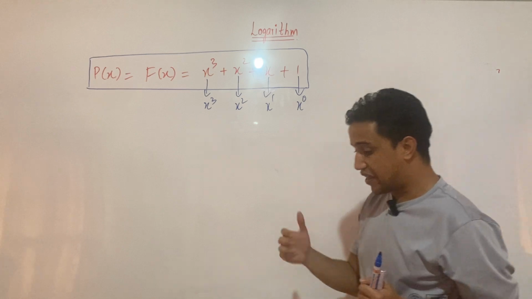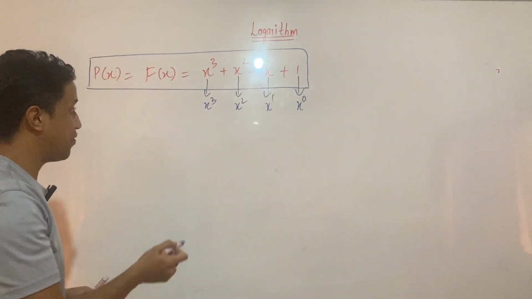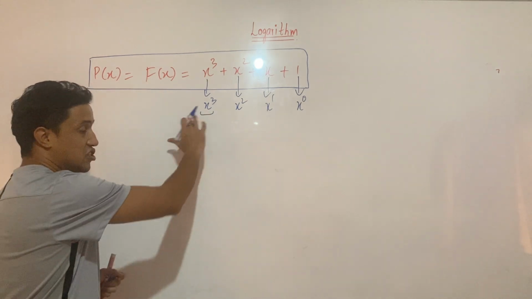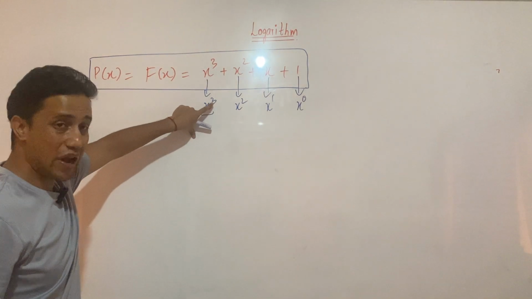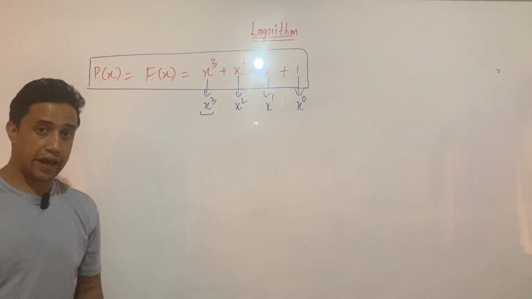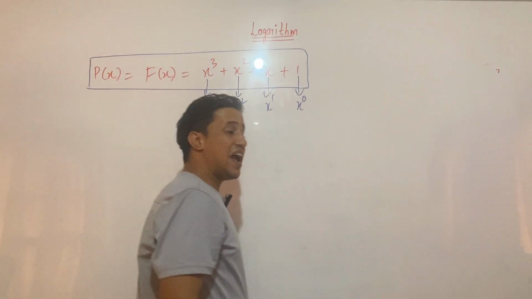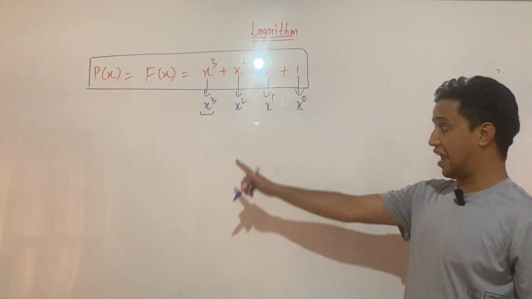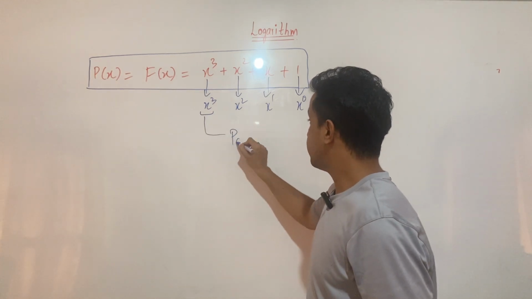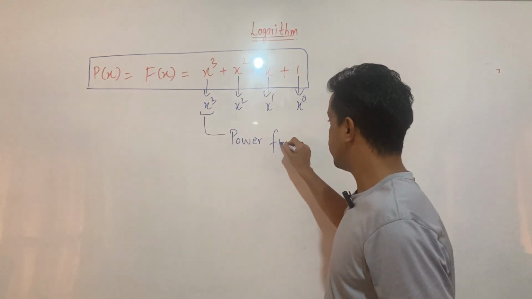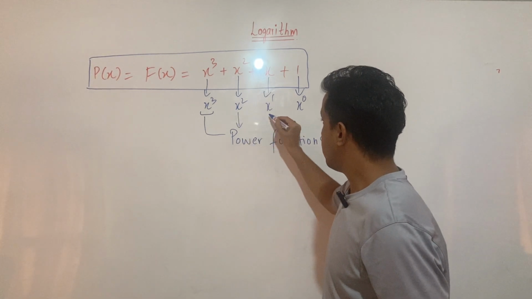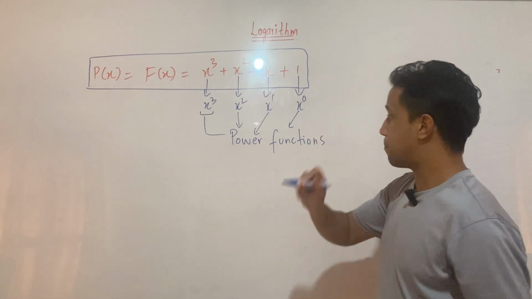But that's not true. Yes, the base or the variable is raised to some power or exponent, but these are not exponent functions. In fact, we call them power functions. These all are power functions.